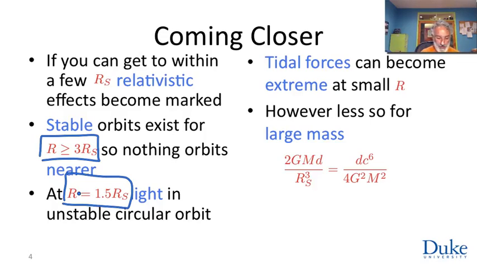However, I note that since the closest you're ever going to get is the Schwarzschild radius, and if your size is d, this is our estimate for the tidal acceleration between, say, your head and your feet. You can stick in for d 2 meters if you're a tall person. It's twice G times the mass divided by whatever your distance is cubed.